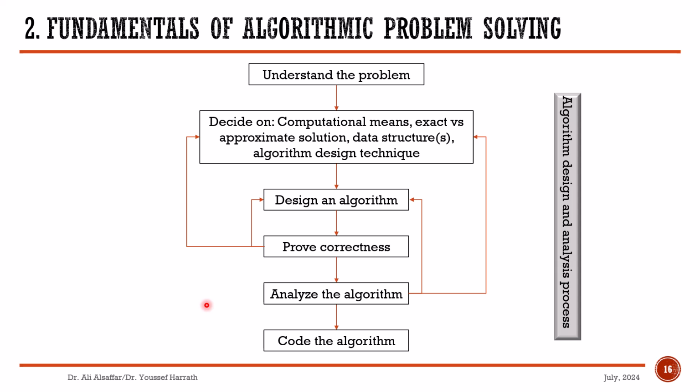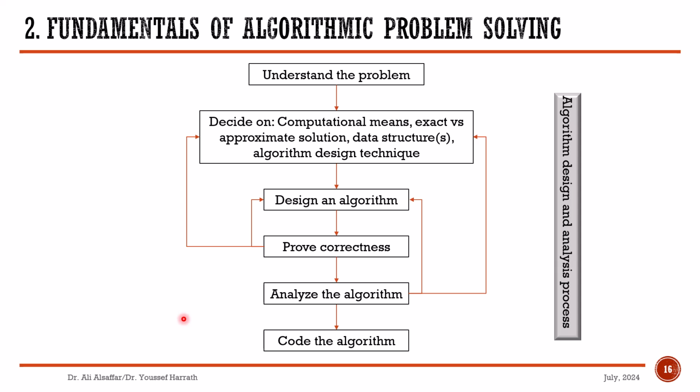If we fail to prove the correctness of the algorithm, or after analyzing the algorithm it is discovered that the algorithm is inefficient, then either we go back and change the design of the algorithm, or we go back and change some of its characteristics or features to guarantee that the algorithm is correct and efficient.